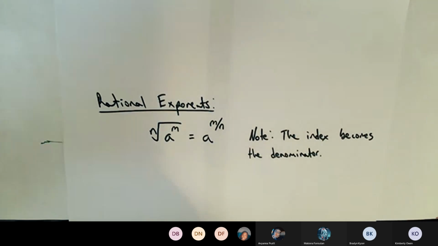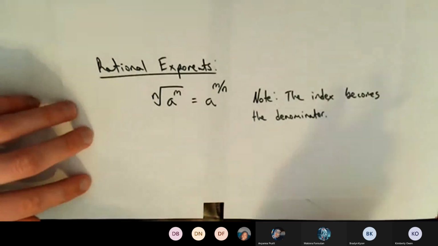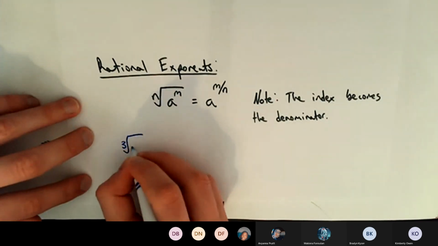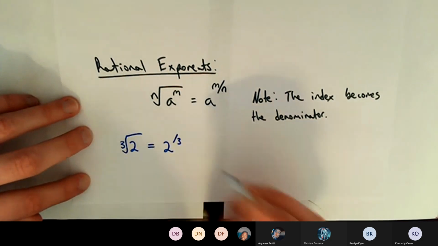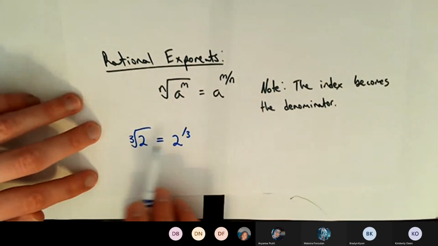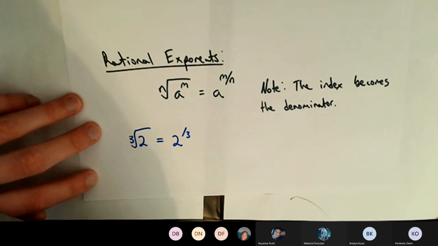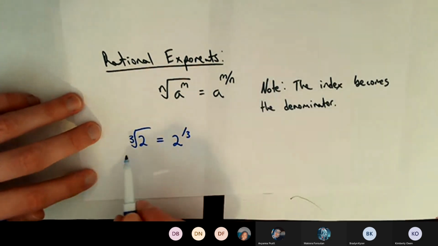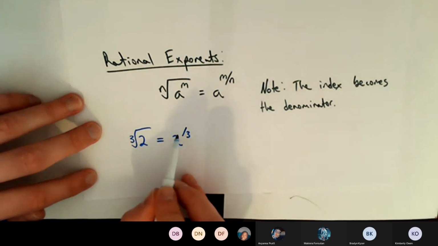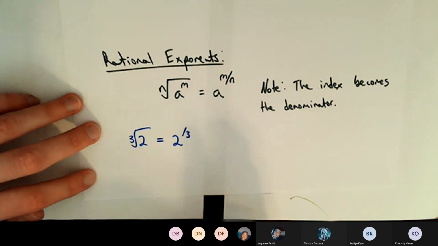So quick examples here. The cube root of 2 would be 2 to what power? The denominator is the index. And let's see, is Dorcas here? Yeah, okay, so Dorcas, what would the numerator of the little fractional exponent be?